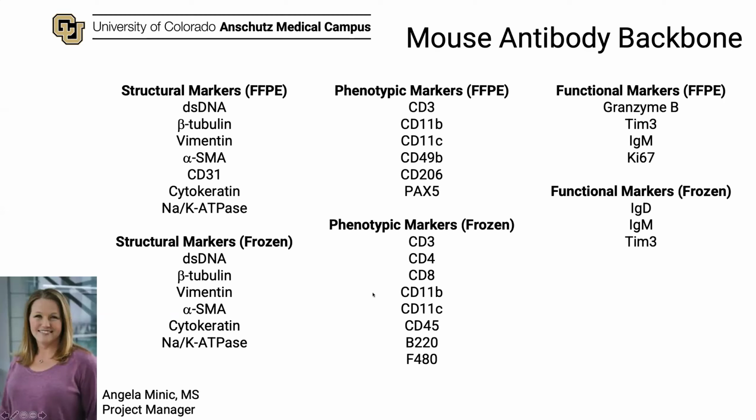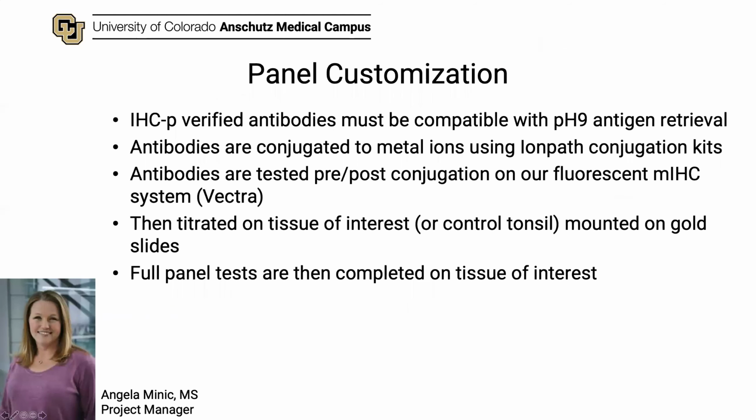On the mouse side of things though, a lot of investigators have frozen tissue. So we have both. We are currently working on expanding these capabilities, and we do that with panel customization. Like I mentioned, all of the antibodies have to be compatible under the same staining conditions.